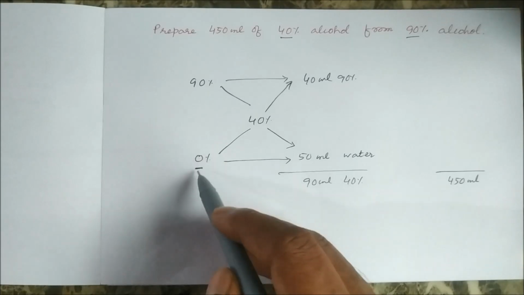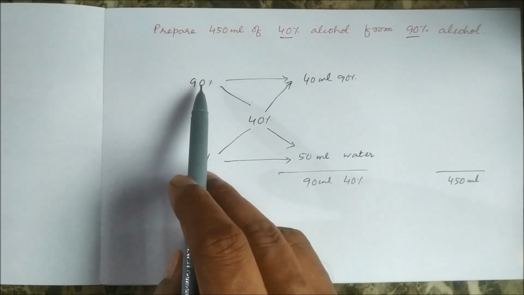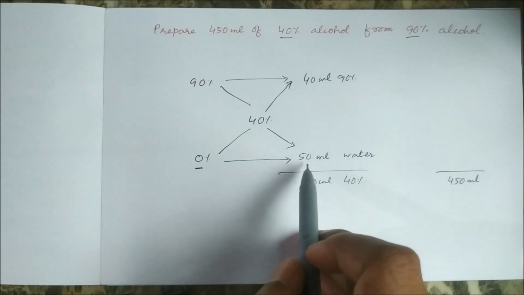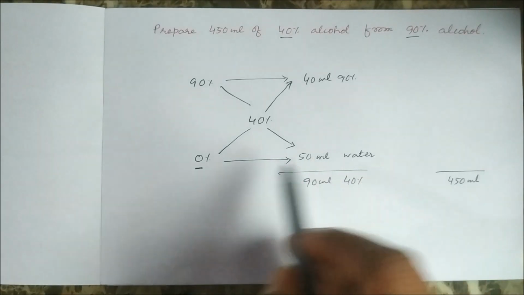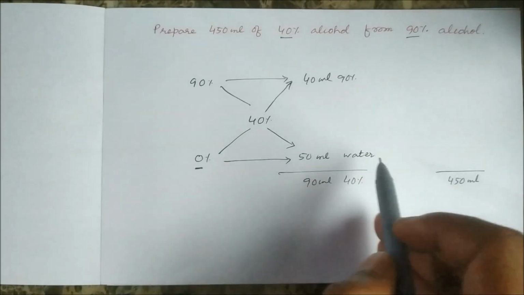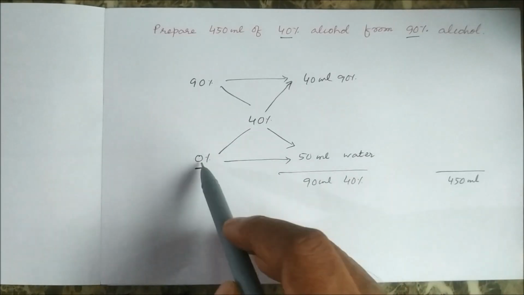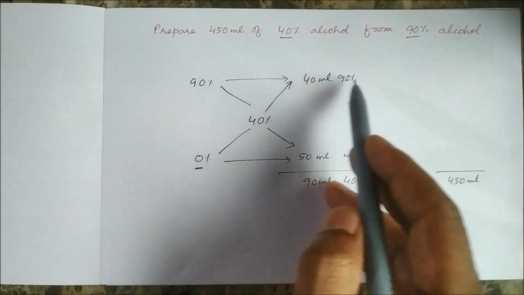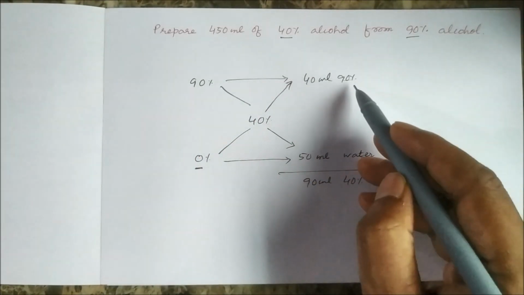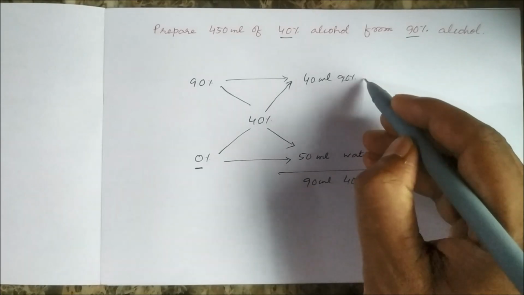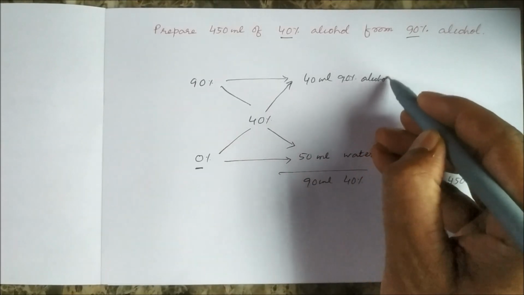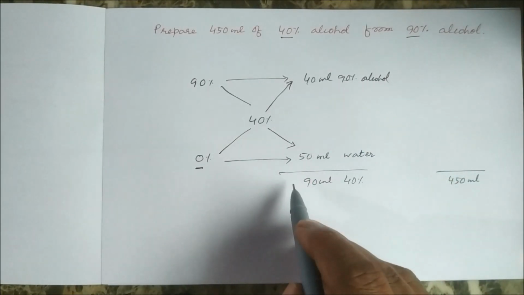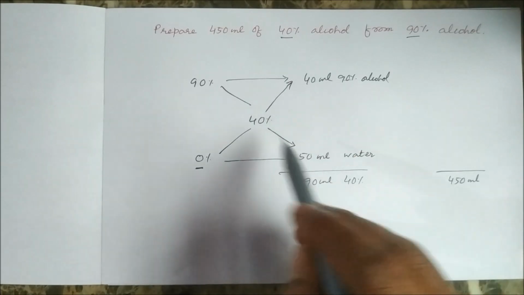So we subtract 90 minus 40, it will be 50. So 50 ml of 0%, that is water, we need. Then 40 minus 0 is 40 ml, we need of 90% alcohol. So 40 ml of 90% alcohol, when added with 50 ml of water, we will get 90 ml of 40% alcohol.